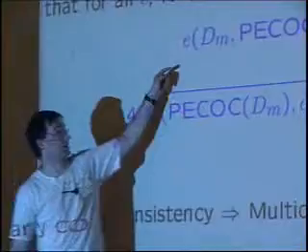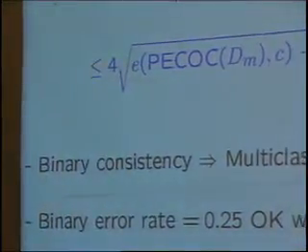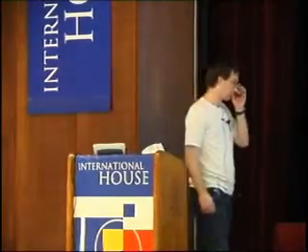So if this is 0.25 and it's 0.25, then this is 0, and it says you must be doing as well as anything. Okay, so that's the theorem.